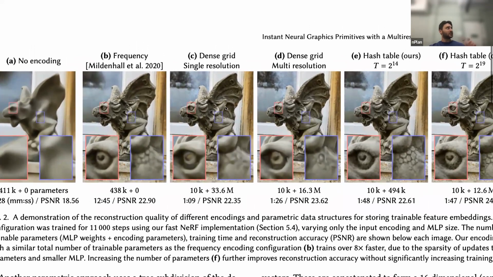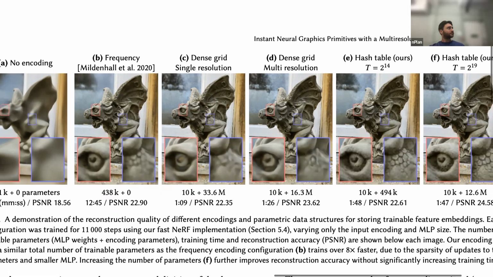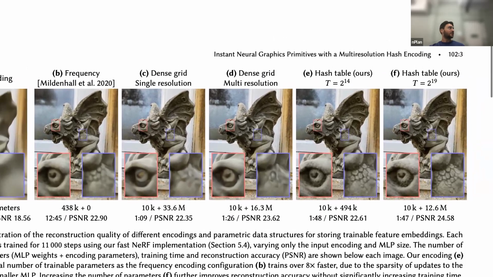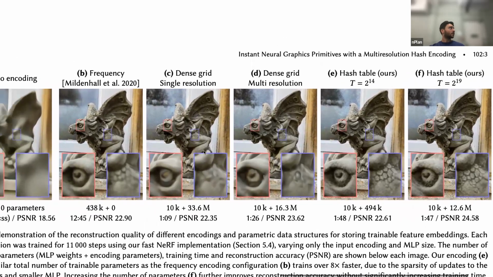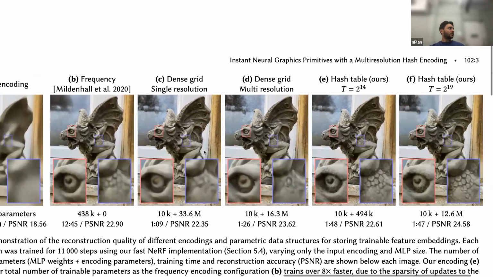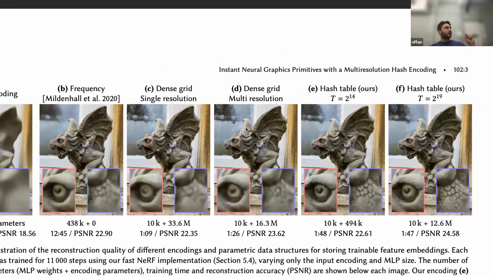And then you have the dense grid, which is the first learned representation. I feel like it's subjective which of these two are better. And then you have the dense grid with multiple resolutions, with the point being that if you look at the dense grid without multi-resolution, it's using 33.6 million parameters, and with it, it's using 16.3.